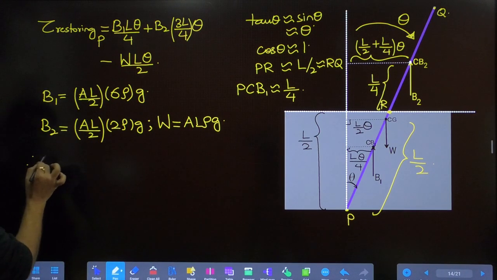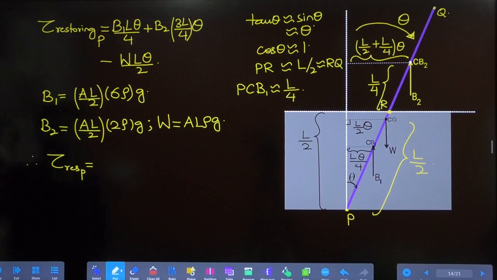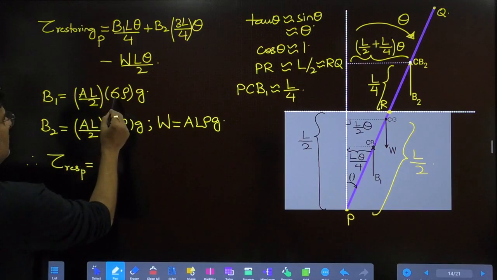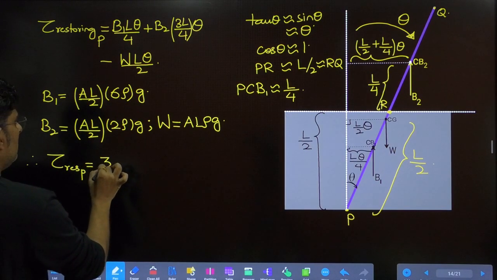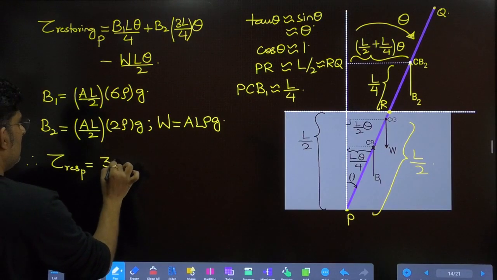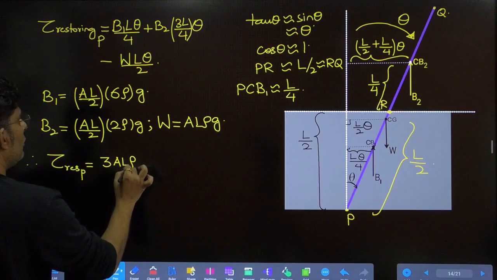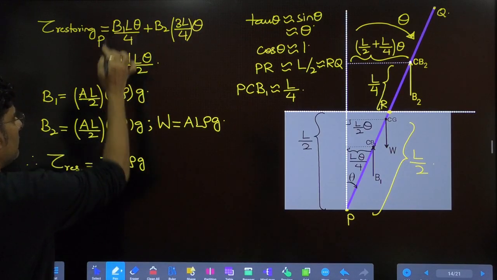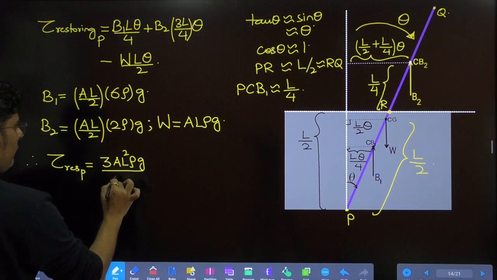So when we substitute the restoring torque about the point P, what we are getting, let's see, here we have 6 by 2 is 3, A L rho G, there is one more L square, divided by 4.